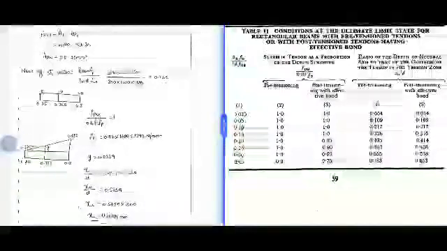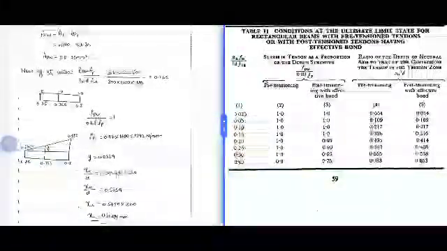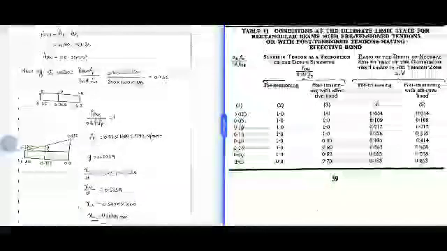For XU by D ratio, for 0.25 in column number 4 we have 0.542, and for 0.3 we have 0.655.